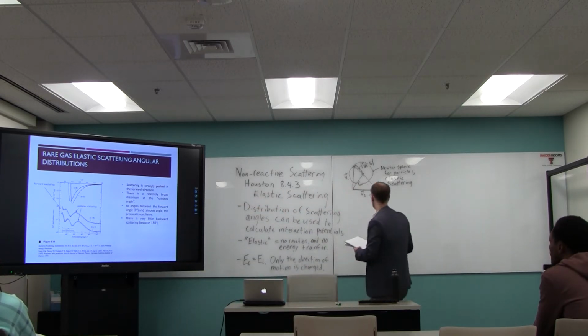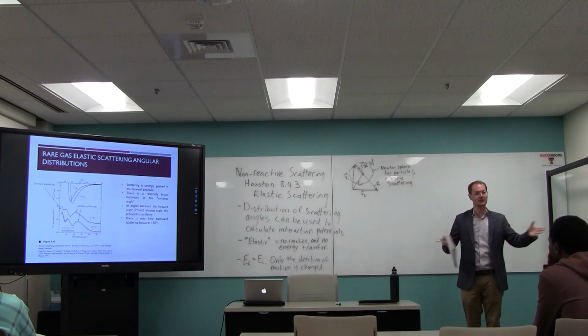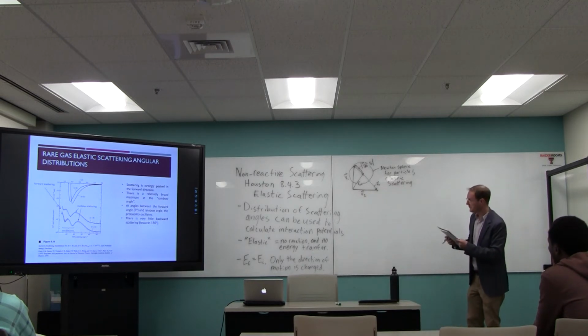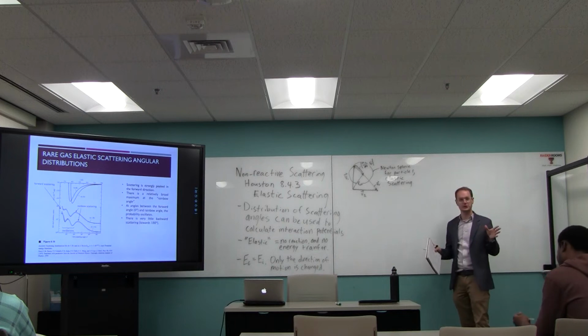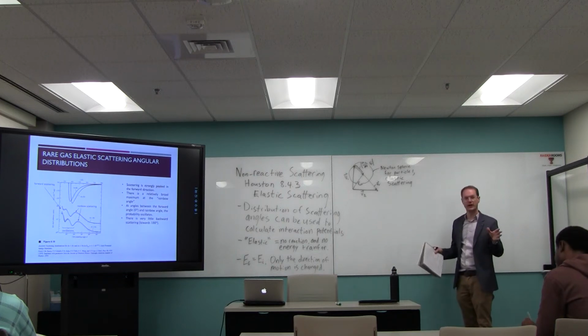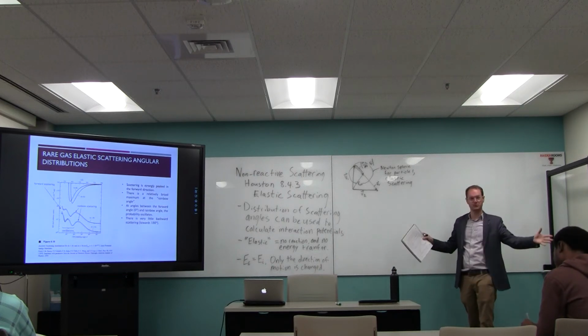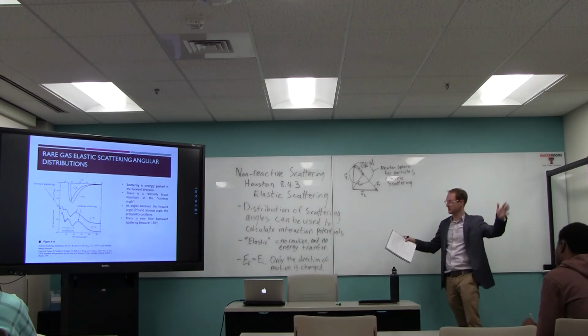Okay, so why does it look this way? Well, basically, you have to consider the interaction potential, and then you have to average over all the possible impact parameters, and that's how you have to think about this process.